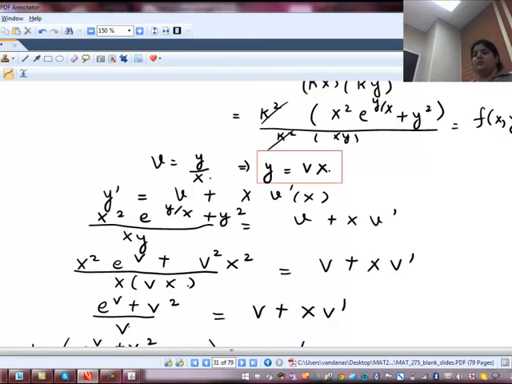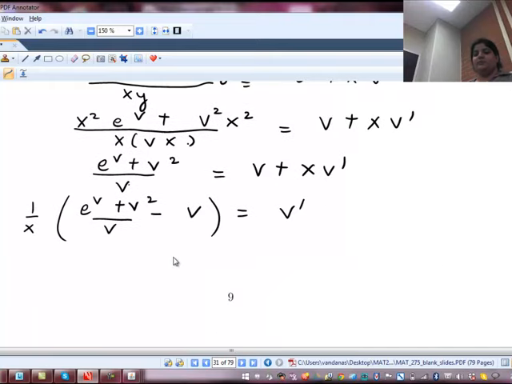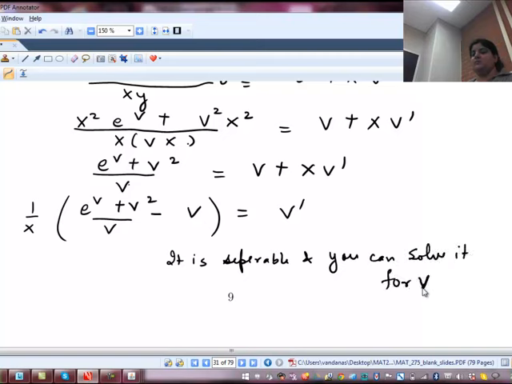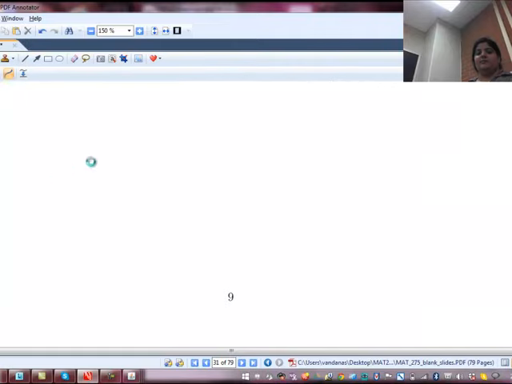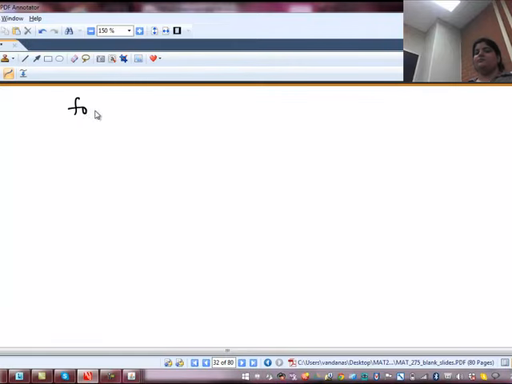For example, if it is not separable, for example, you have y prime equals x minus y square.